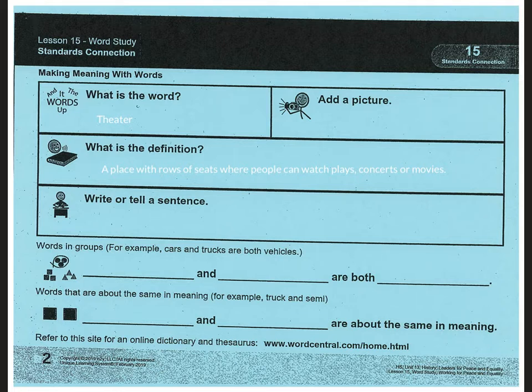We always put our vocab word at the end of this sentence and at the beginning of the sentence. So the definition of theater is a place with rows of seats where people can watch plays, concerts, or movies.